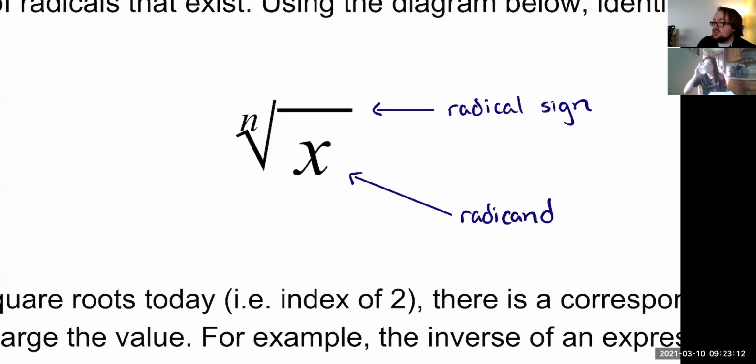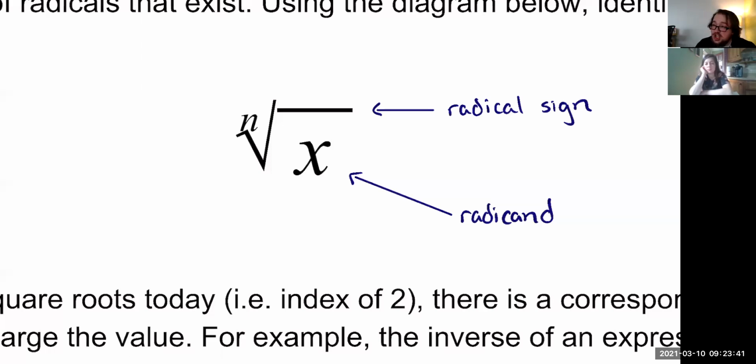Now, in this case, it's just an X, but later on, there's no limit to what you can actually contain within a radical sign. You can have an X, you can have an X plus 3, you can have a big trinomial or polynomial, or a whole large expression inside the radical sign, and that would still be considered your radicand.